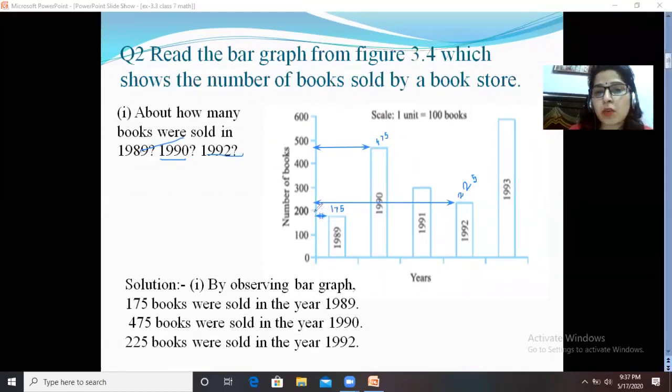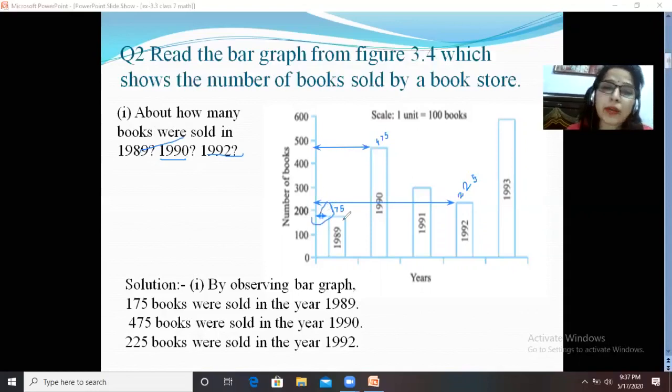From 100 to 200 we have 10 boxes in the graph paper, and the total is 100 books. It can be distributed like that: one small box should be 10 books, so 10, 20, 30, 40, 50, 60, 70, 80, 90 and 100.